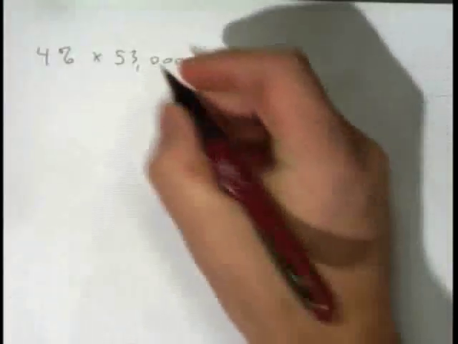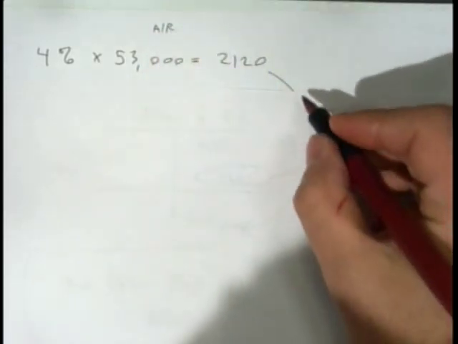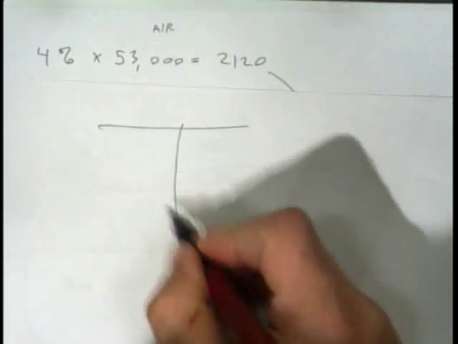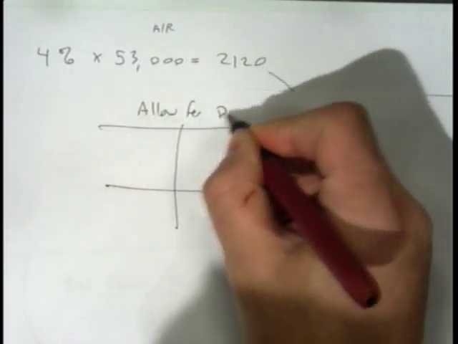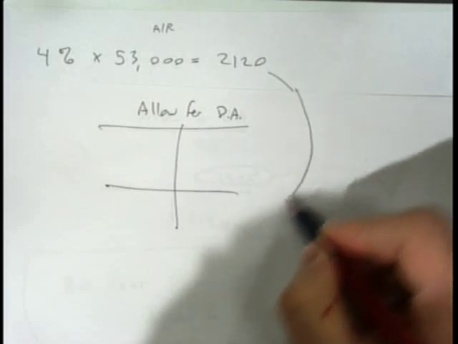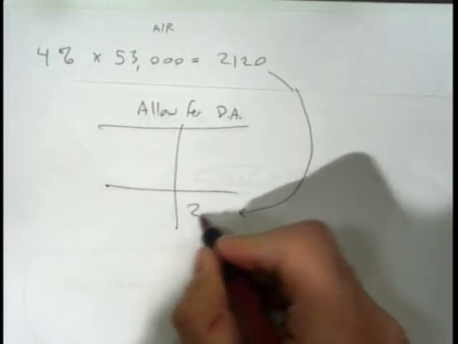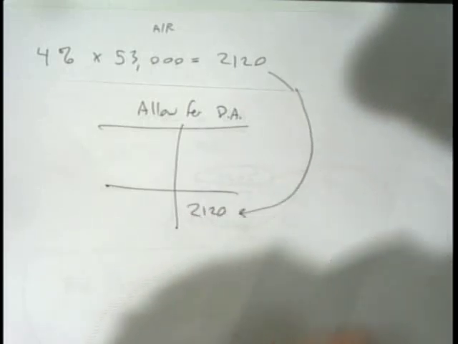Okay? Part B says that what if it has a 1332 debit balance before adjustment? Okay, we still know that 4% of accounts receivable is 2120, and that is what we want the ending balance to be, correct?